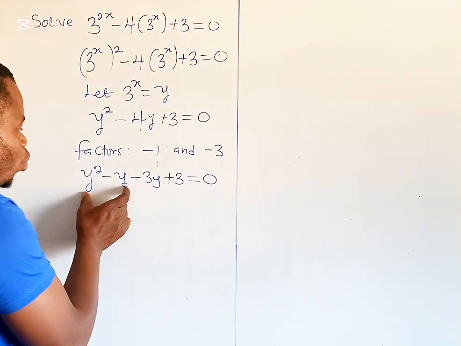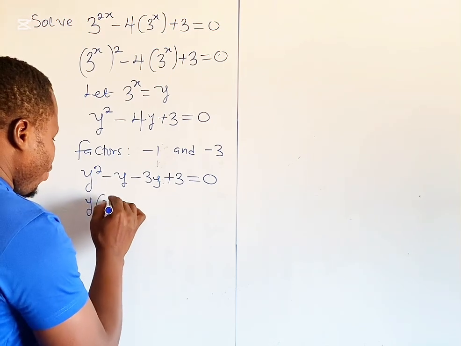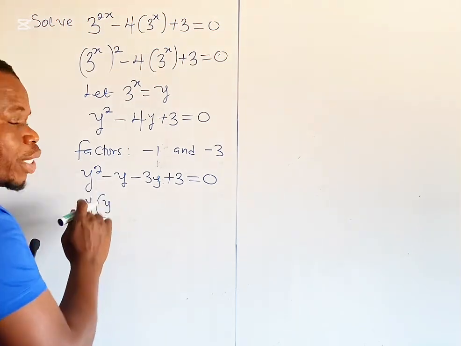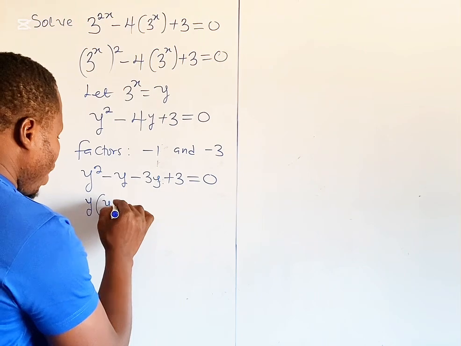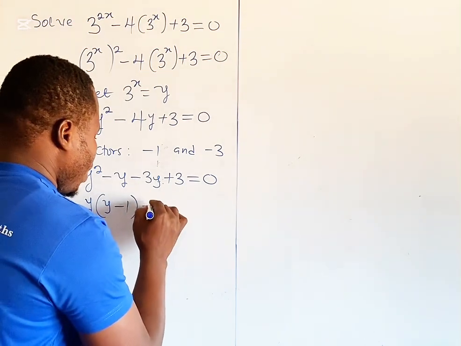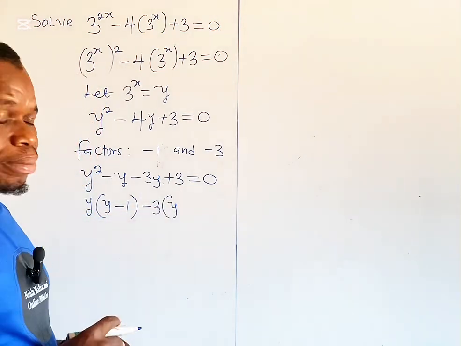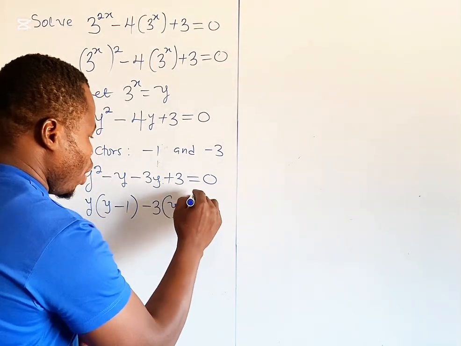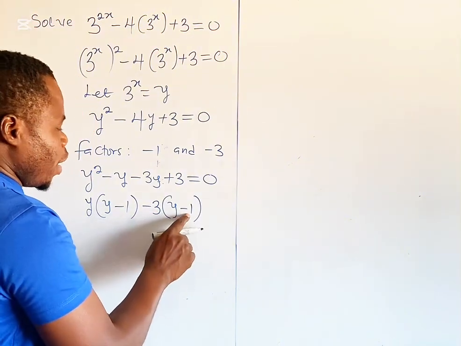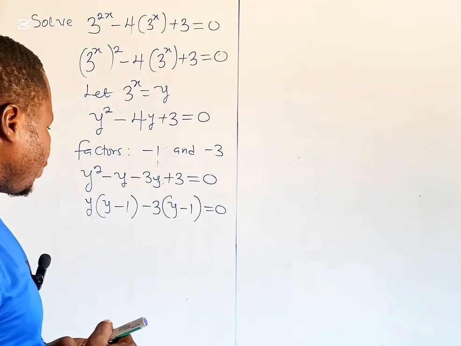So here, y squared minus y, my common factor is y. I'll bring it out and rewrite y. So y times y is y squared, and since I'm taking y out here, I will now have minus 1. Here, I'll bring 3 out, open brackets, and write my y, then say minus 1, it includes it. Minus 3 times minus 1 is positive 3. Then everything will be equal to 0.